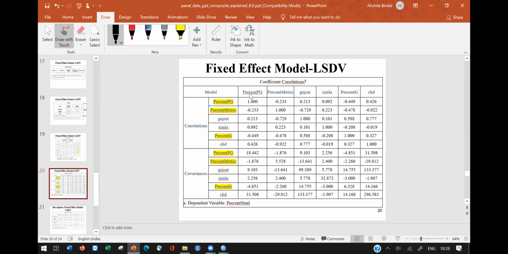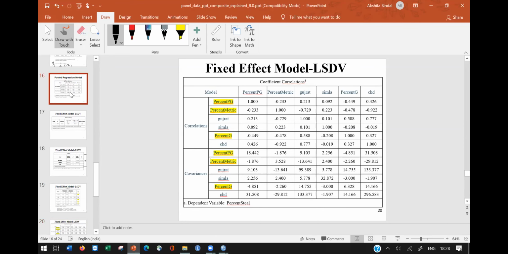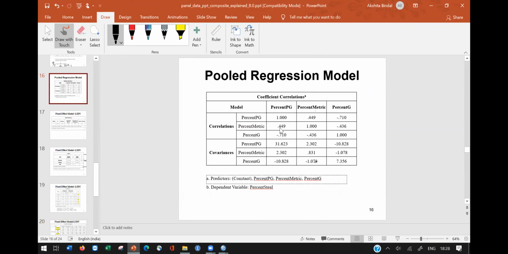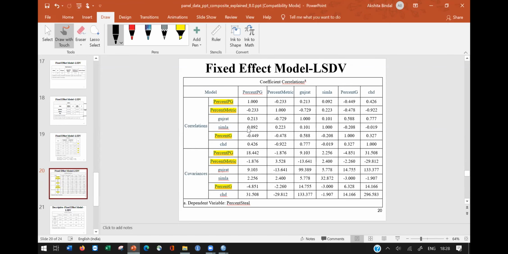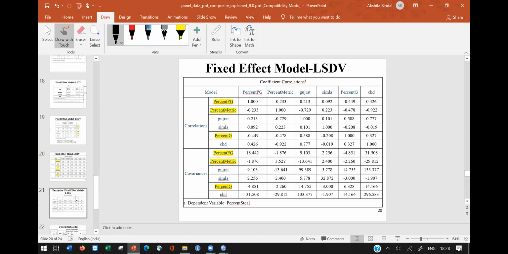Percentage PG's effect on percentage PG would be constant. For my covariance, percentage PG affecting percentage PG is 18.442. When I did this without the time effect, the value was much higher, 31.623. Considering the time effect, the value decreases significantly.